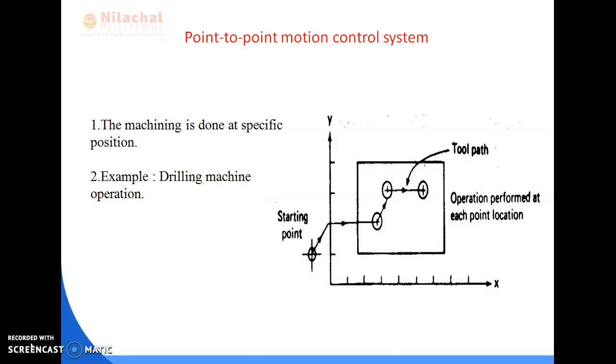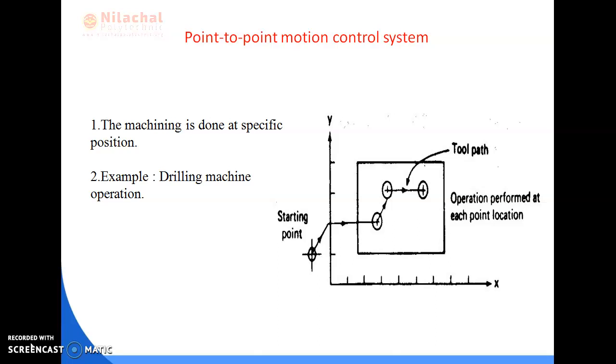So this machining is done at specific positions, means the tool will do its work at some specific points. For example, in a drilling machine operation, the drill bit will drill at some specific positions, that is points 1, 2, 3 like that.